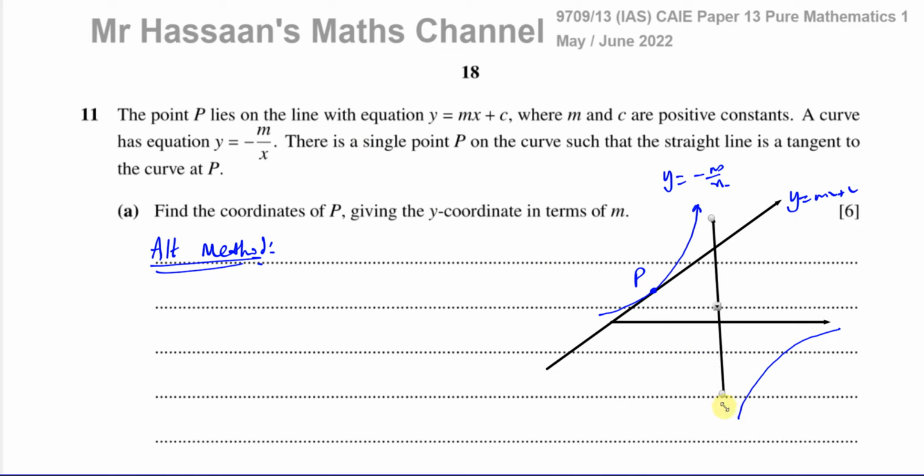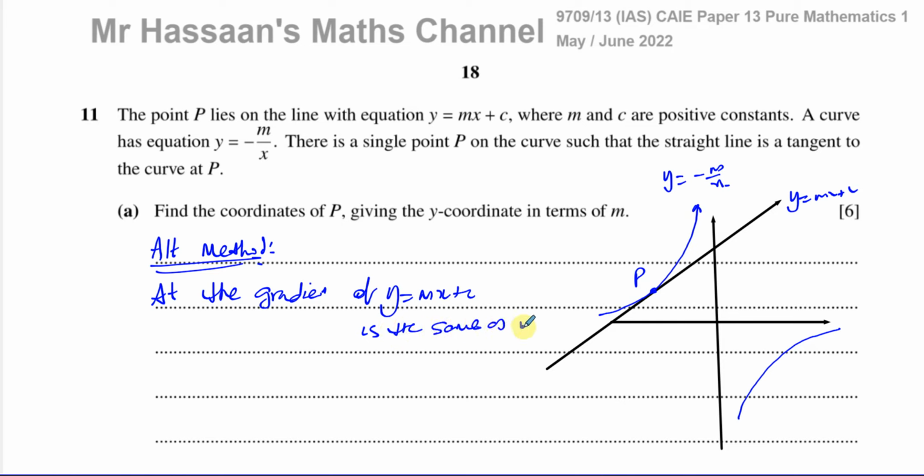Now, the alternative method we can use here is that we know that at P, the gradient of y equals mx plus c is the same as that of y equals minus m over x.